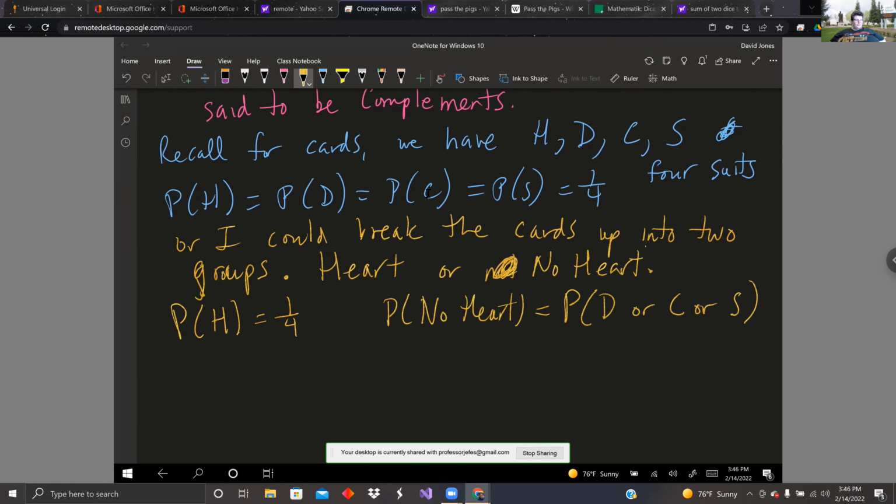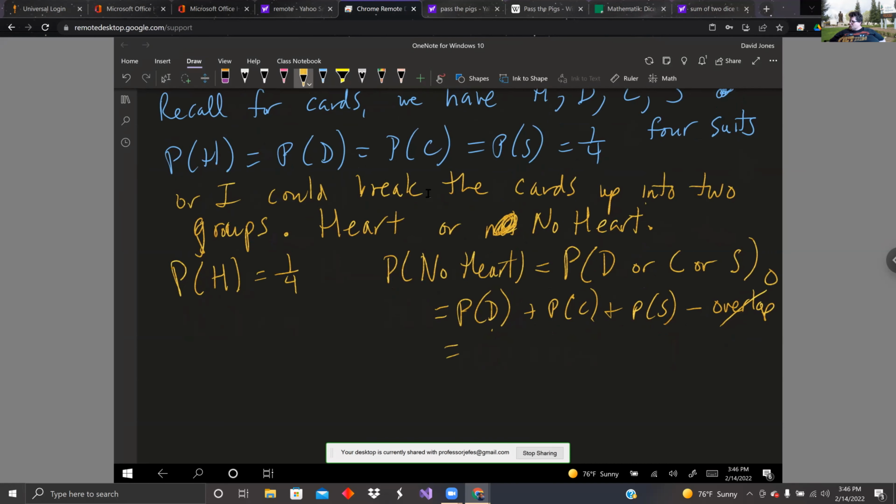Ooh, I'm combining in the general addition bit, which is the same thing as the probability of diamond plus the probability of club plus the probability of spade minus any overlap, which there is none. They're all different. 1/4 plus 1/4 plus 1/4 is 3/4.